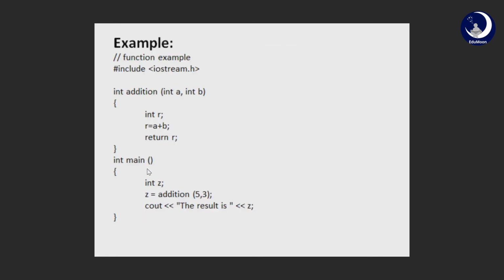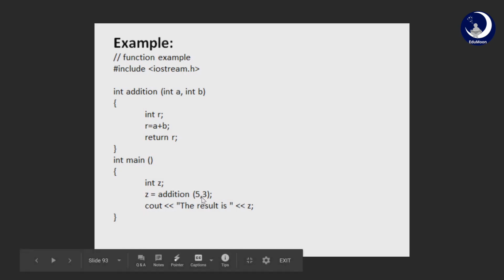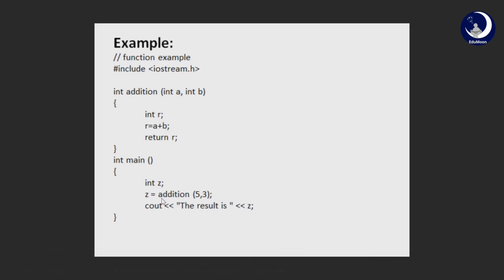Now this is an example. Here we have int main, int z is equal to addition of 5, 3. Once the compiler meets this statement, it will identify addition as a function name, and it will check in its activation record whether there exists any function with the name addition. Yes, there exists a function which returns an integer type and has the name addition, with int a, int b as the parameters.